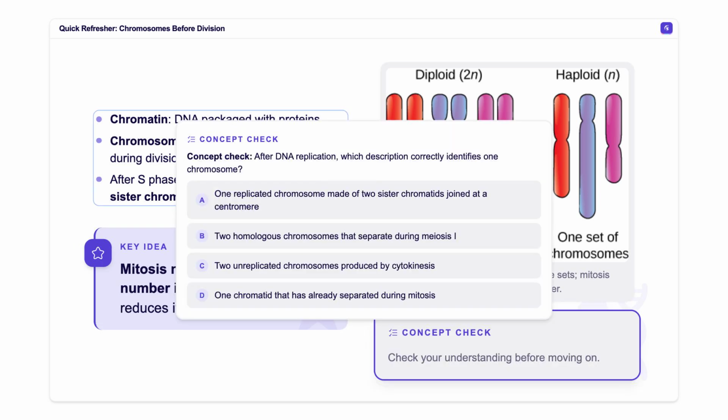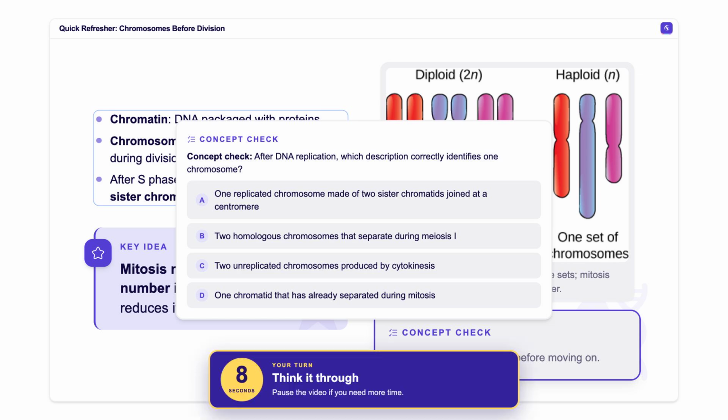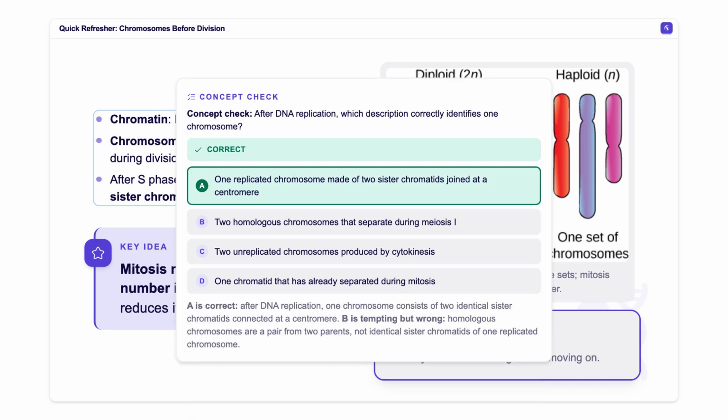Concept check. After DNA replication, which description correctly identifies one chromosome? Choose the option that describes one replicated chromosome, not a homologous pair and not separated chromatids. A is correct.